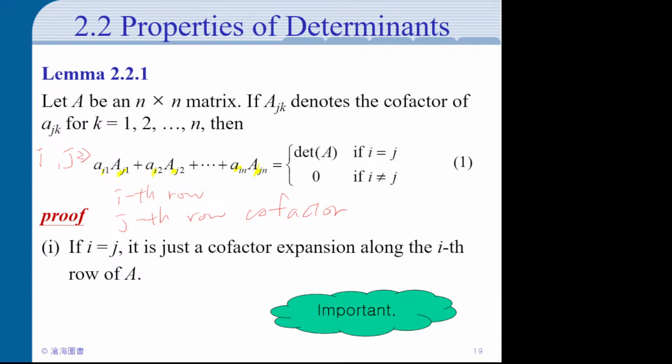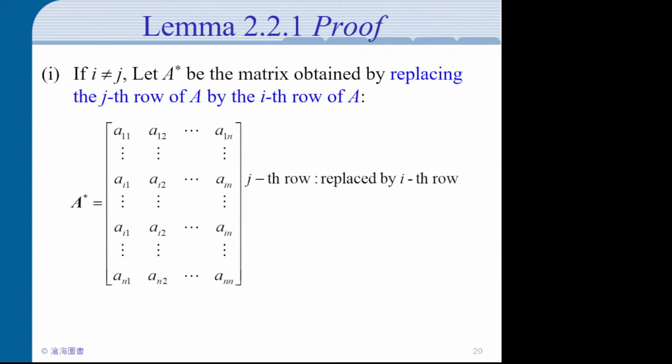Okay, so this is a really weird lemma. You might ask why do we want to do this, but it's going to be useful later. As we said, this is the expansion of the ith row, so i equal to j is easy. And if i not equal to j, then why is it 0? Then that's why we need to use the weird property we had before.